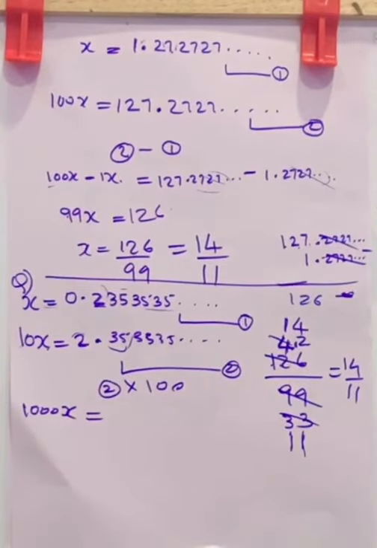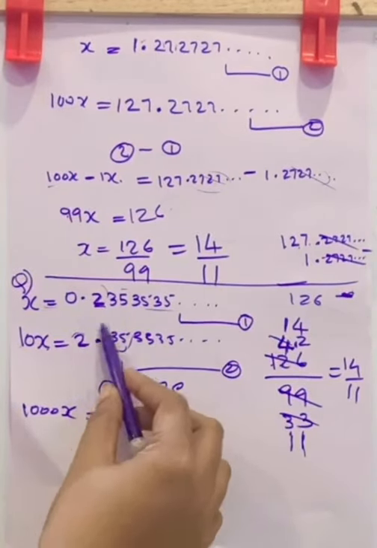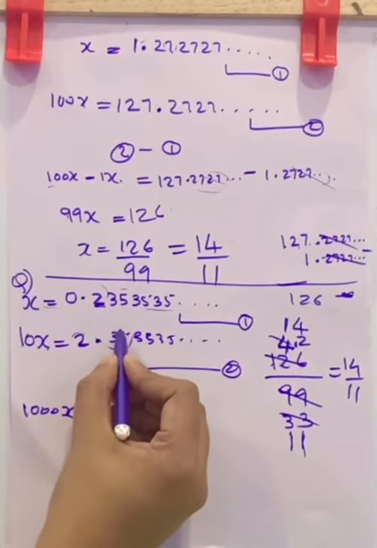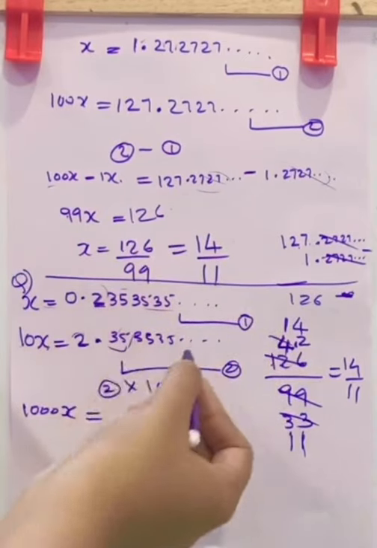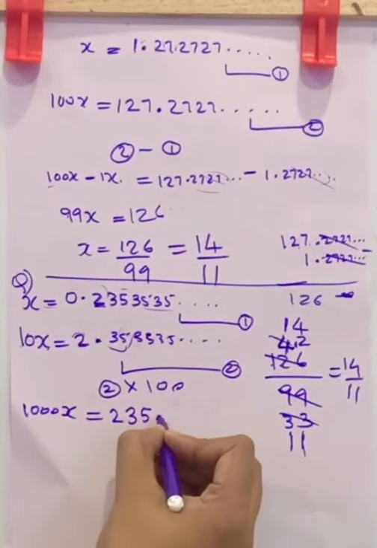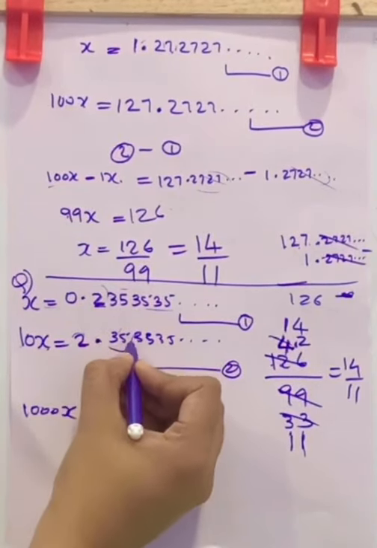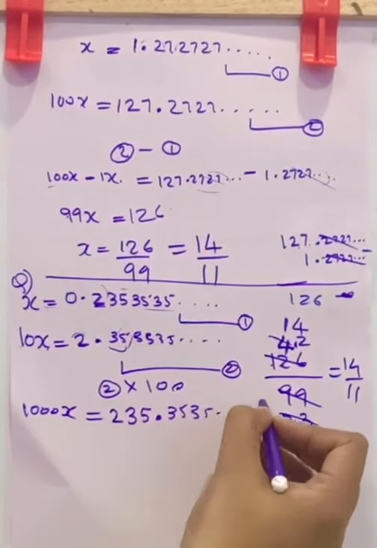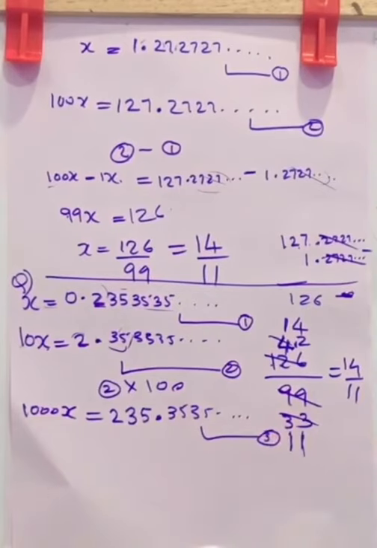1000x is equal to, now this part you are multiplying with 100, then the decimal will jump 2 places to the right. So it becomes 235 point, this point jumps to this side, 235.3535, etc. This is the third equation.